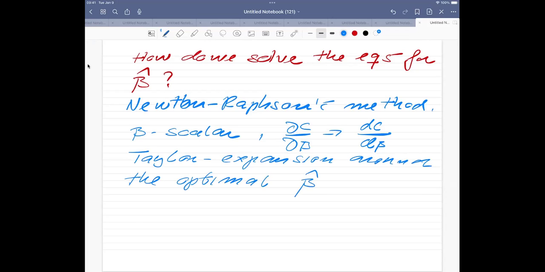So I'm going to make an expansion around beta, and I'm going to label the value around the optimal one for beta as beta of n.